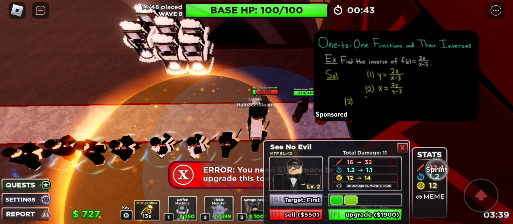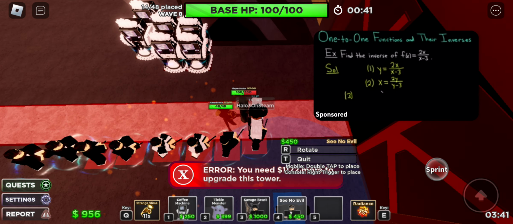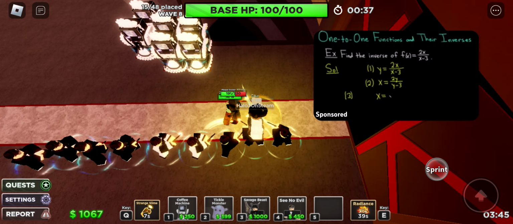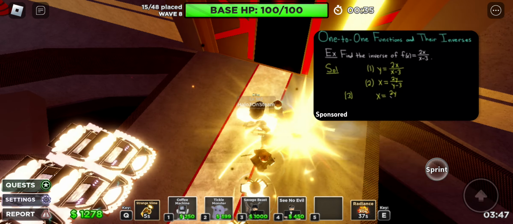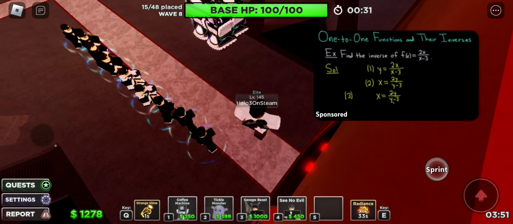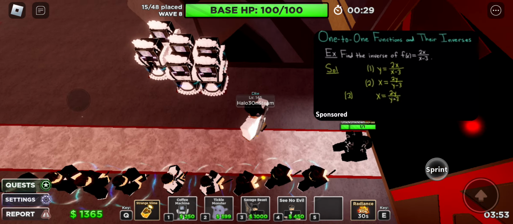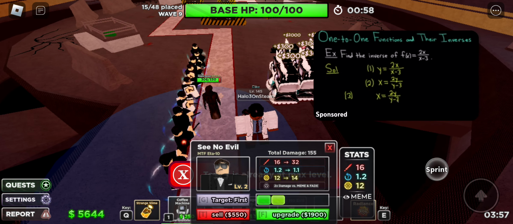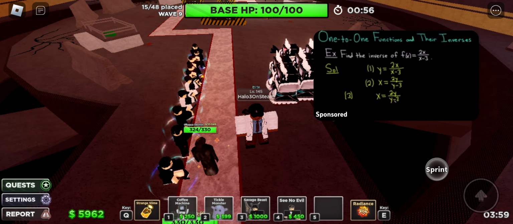Third step, we actually have to solve for y. So I'm going to go ahead and write down our equation again. So we have x equals 2y over y minus 3. And so we're looking for y, and we have a 2y in the numerator and a y minus 3 in the denominator. But we need to get rid of this y minus 3 in the denominator.